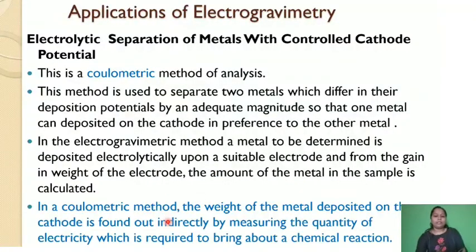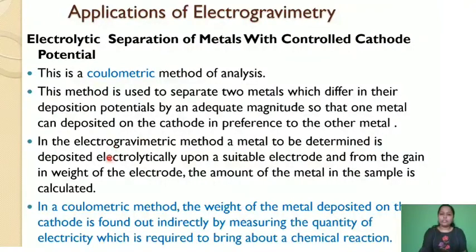In the coulometric method, the weight of the metal deposited on the cathode is found out indirectly by measuring the quantity of electricity which is required to bring about a chemical reaction. From the quantity of electricity we can measure how much metal is deposited at an electrode.